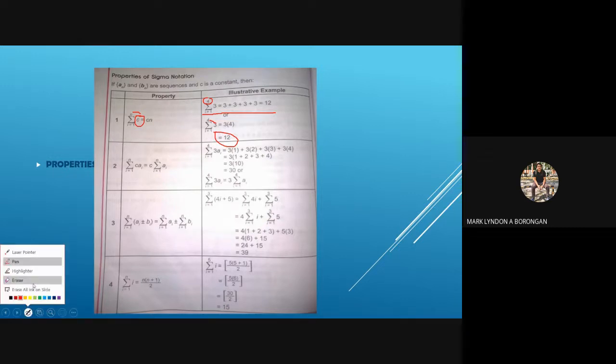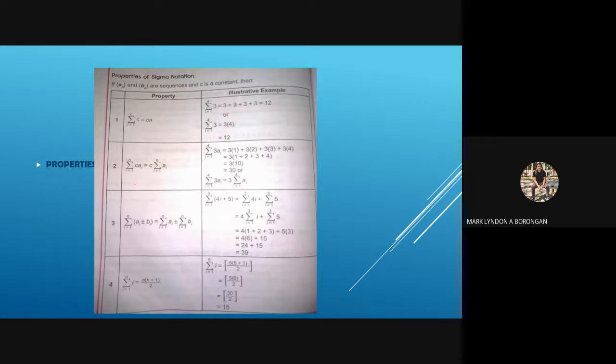Now, what about the second property? The summation of C times a sub i as i goes from 1 to n is equal to C times the summation of a sub i from 1 up to n.